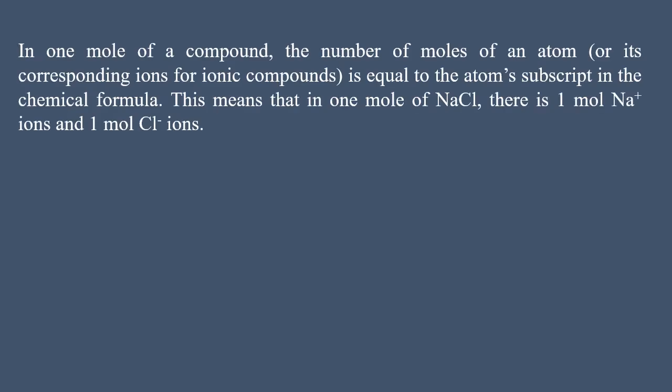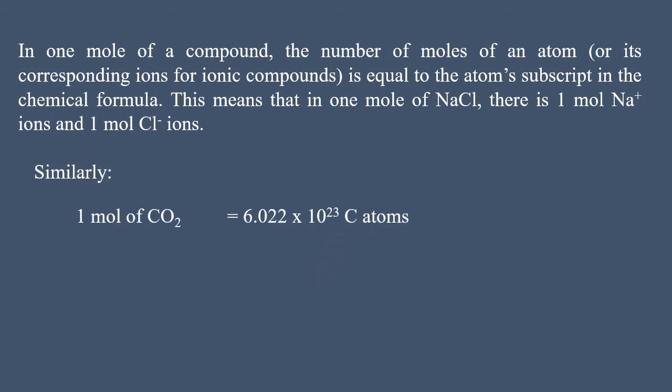In 1 mole of compound, the number of moles of an atom or its corresponding ions from ionic compounds is equal to the atom's subscript in the chemical formula. This means that in 1 mole of sodium chloride, there is 1 mole sodium ion and 1 mole chloride ion.